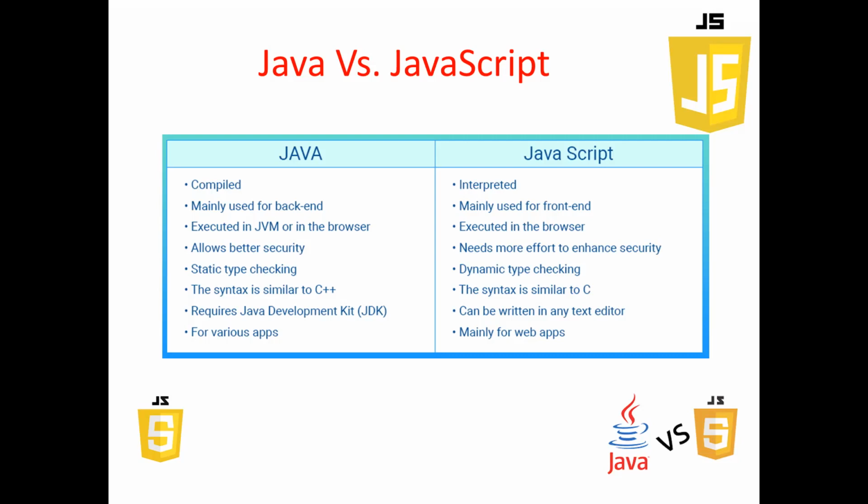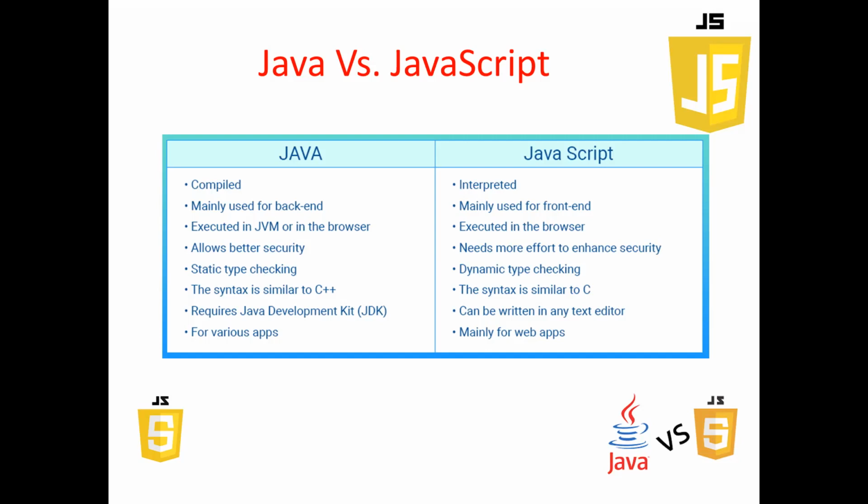Java definitely allows better security, but JavaScript needs more effort to enhance security. So to make our pages secure, we have to put in some more additional effort in JavaScript. But in Java, this is a built-in function, so it gives us more flexibility to enhance our security at the first stage.